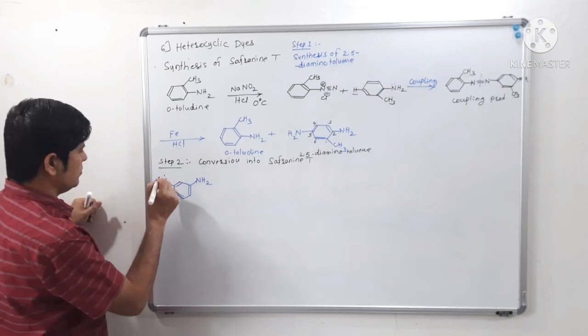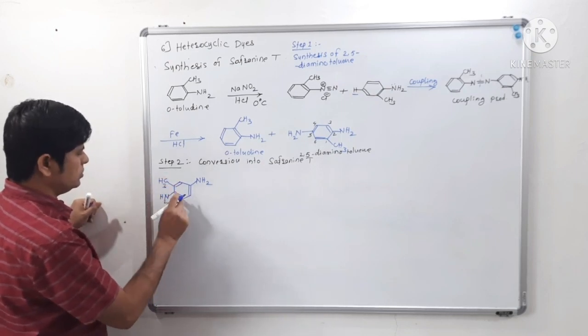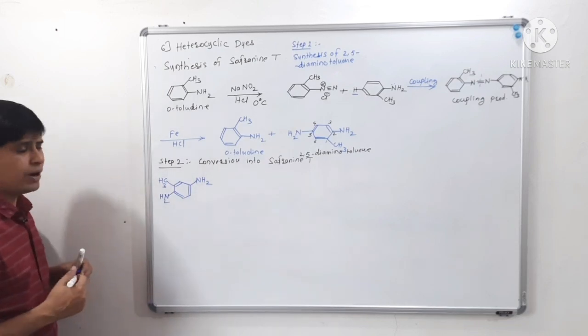This is carbon number 1, 2, 3, 4, 5. It is 2,5-diaminotoluene.